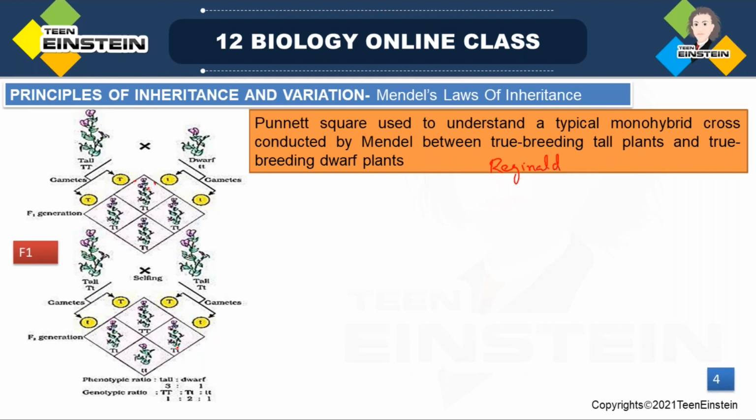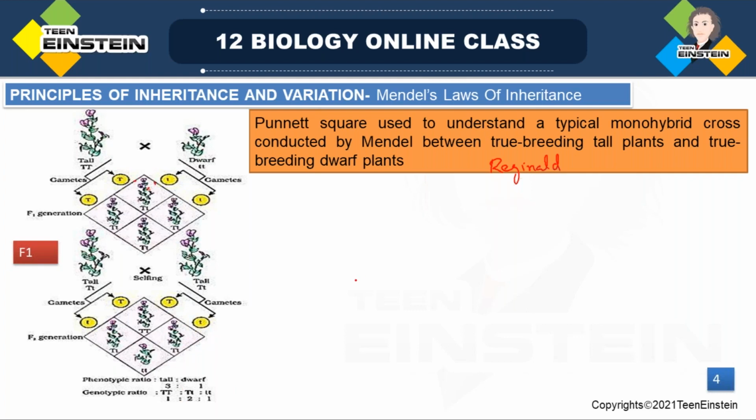Okay. So here in a Punnett square is the graphical representation to calculate the chances or the probability of all possible genotypes of offspring in a genetic cross. So in a genetic cross, what all possible combinations will come, we can find out from a Punnett square.